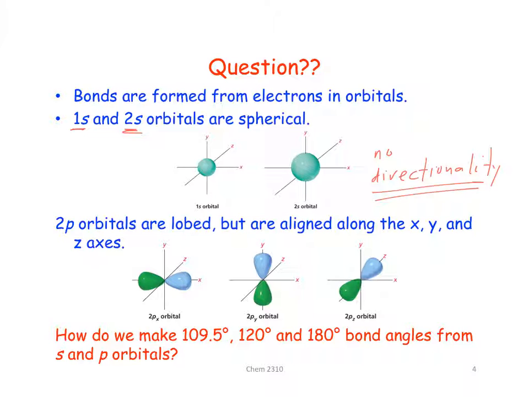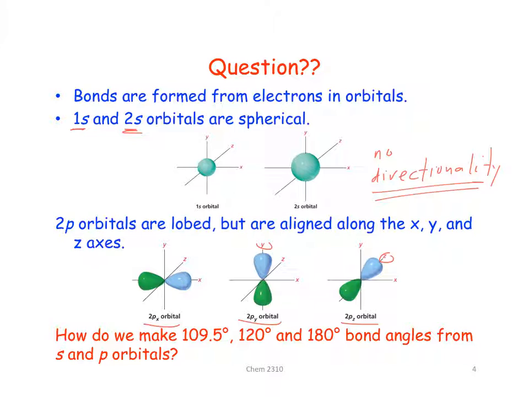Now the 2p orbitals, remember we have 3 of those, and they differ in that they orient themselves in different directions, along the axes of this Cartesian coordinate system. The 2px goes along the x-axis, the 2py goes along the y-axis, and the 2pz goes along the z-axis.